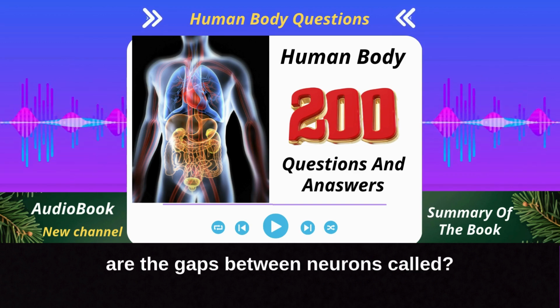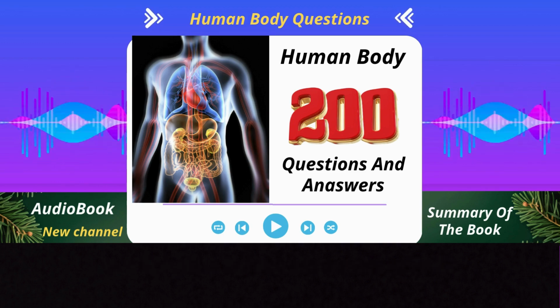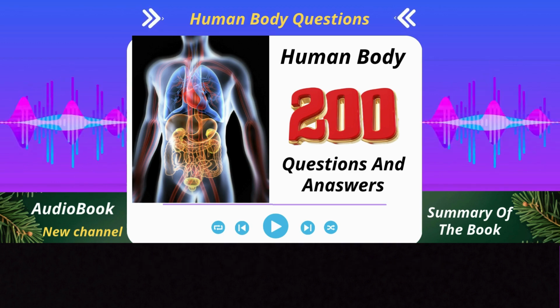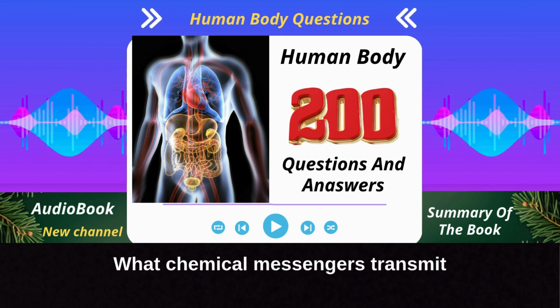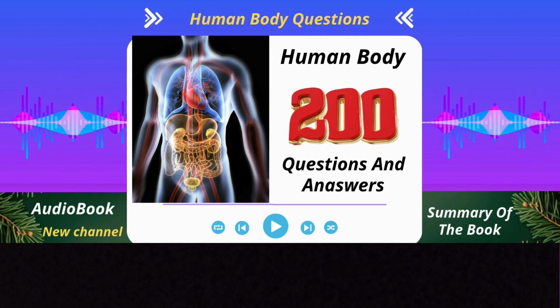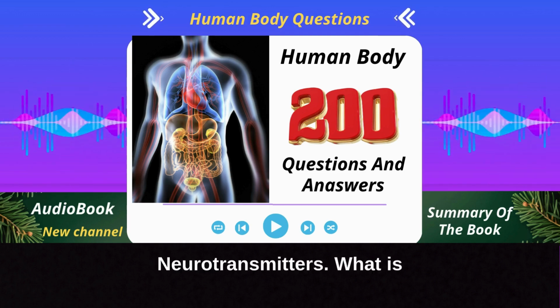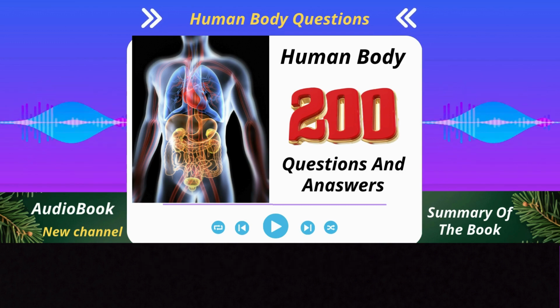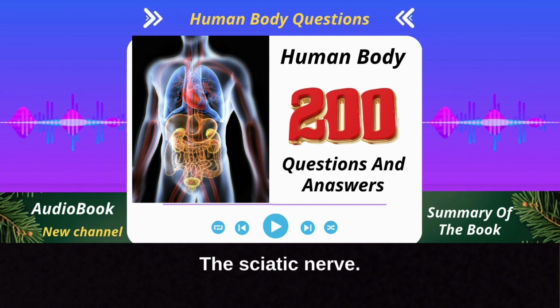What are the gaps between neurons called? Synapses. What chemical messengers transmit signals in the nervous system? Neurotransmitters. What is the longest nerve in the body? The sciatic nerve.